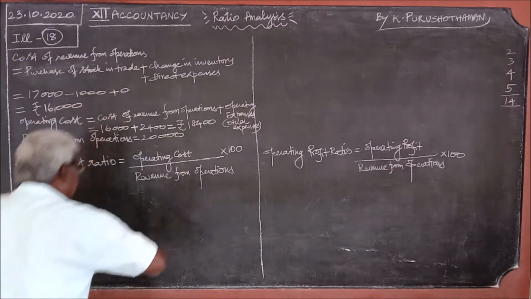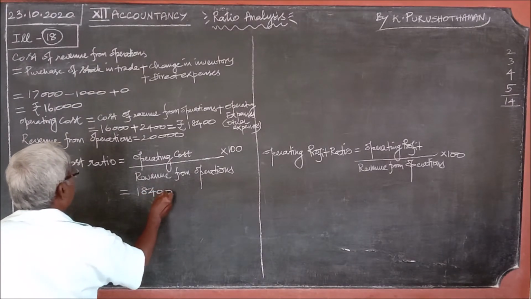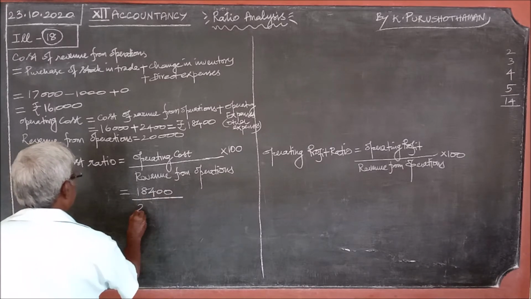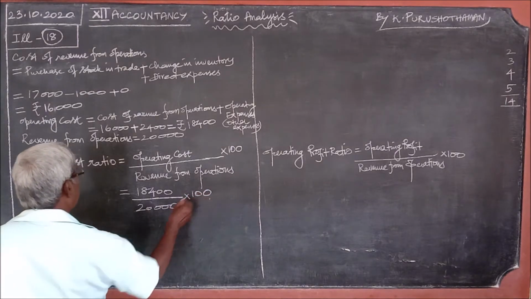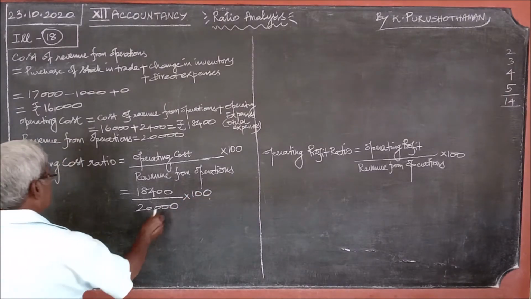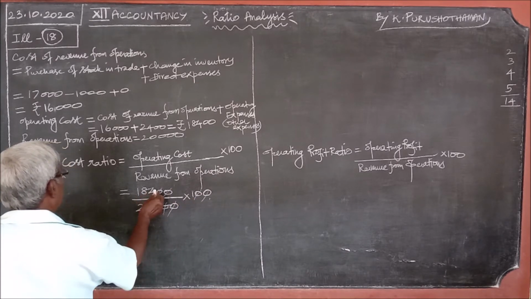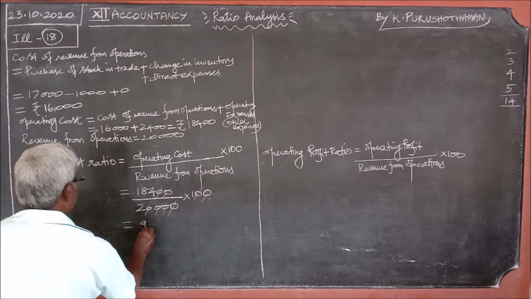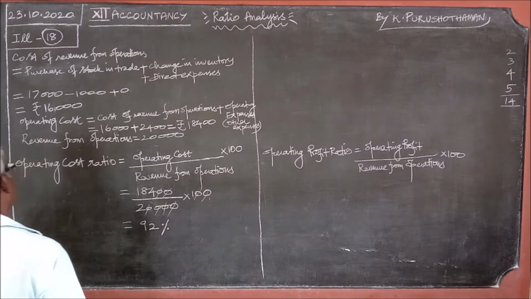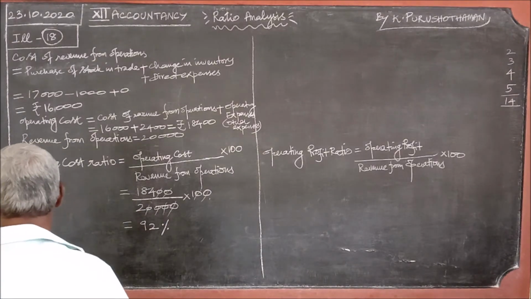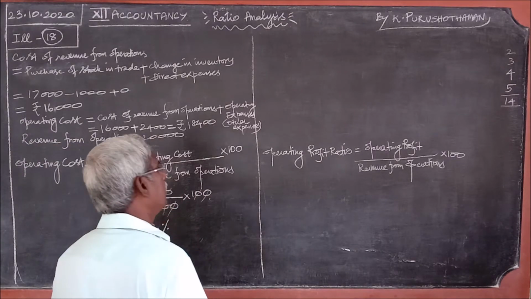Now the numerator value we know, 18,400 by denominator revenue from operations 20,000 into 100. You can simplify 2 zeros, again another 2 zeros, 84 by 2, 92%. It is 92%. Okay, then operating profit ratio.